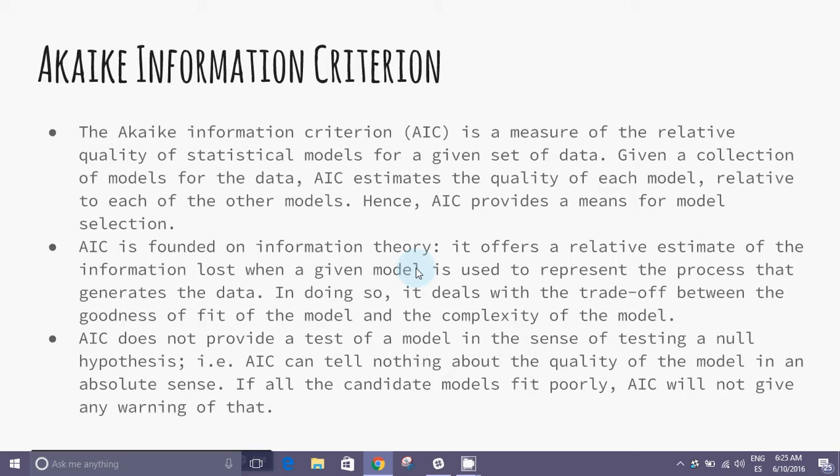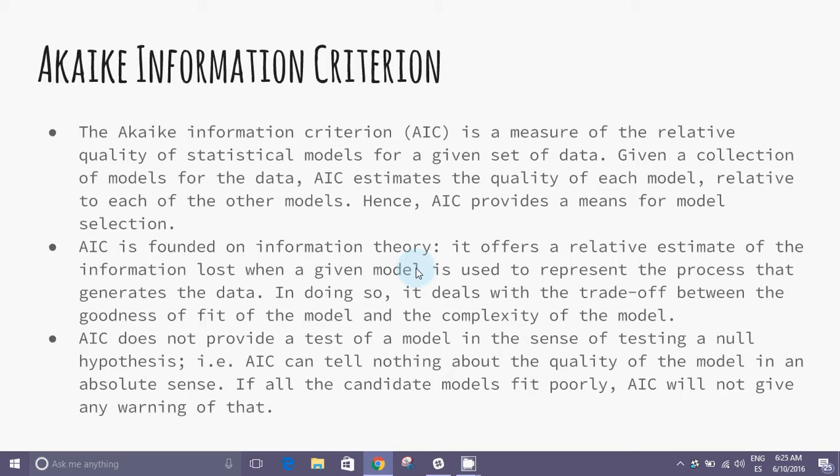AIC, the Akaike information criterion, is a measure of the relative quality of a statistical model for a given set of data. Given a collection of models of the data, AIC estimates the quality of each model relative to each of the other models. Hence, AIC provides a means for model selection. AIC is founded on information theory. It offers a relative estimate of the information lost when a given model is used to represent the process that generates the data.